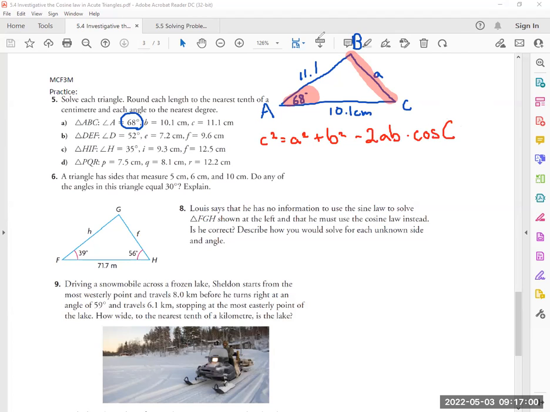I know that right now it says C and big C, but are those two values 68 and A?